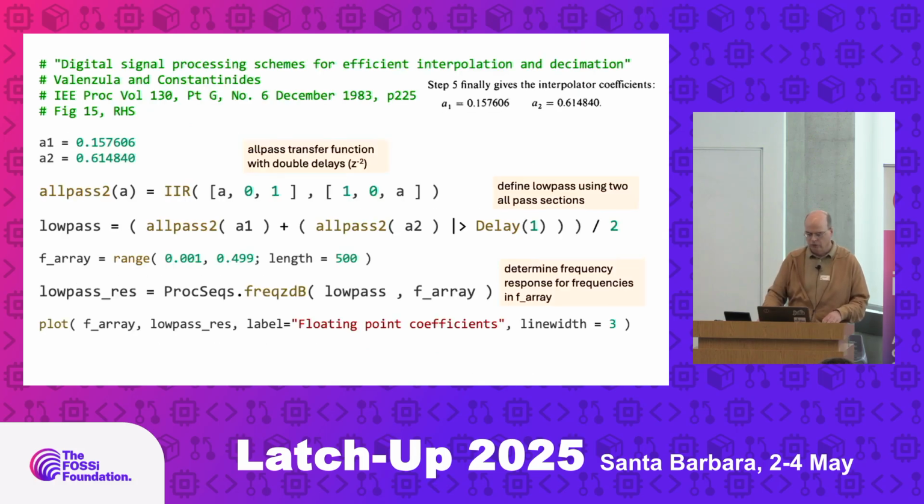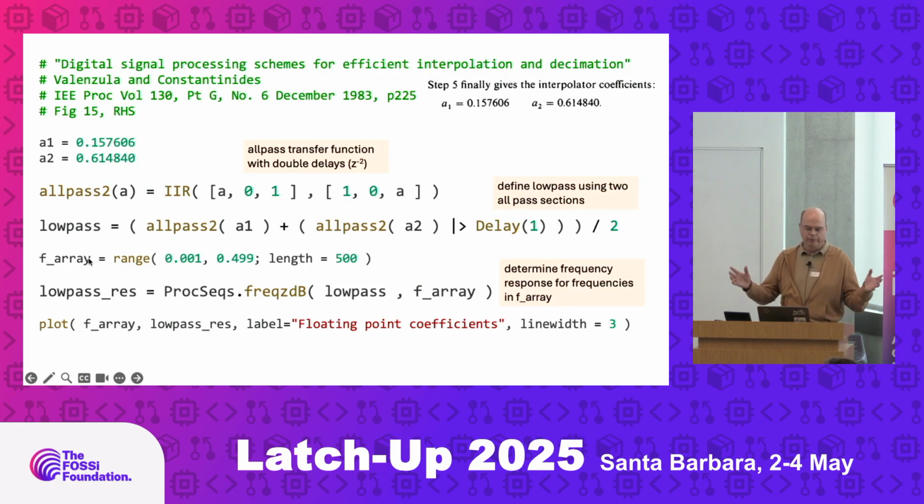So, transfer function responses. This is all the code to go from the coefficients, which are in that paper. They're duplicated here in Julia. IIR is a library function I've got for an IIR filter. So here are the coefficients, numerator and denominator, defining the all-pass filter. Here I define the low pass as being two all-passes in parallel, one of them with an extra delay and a scaling factor.